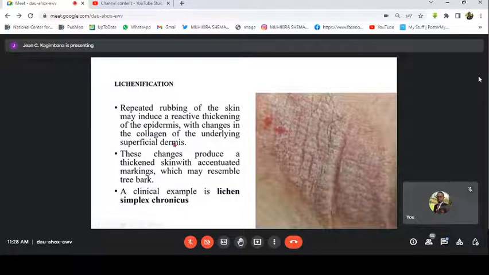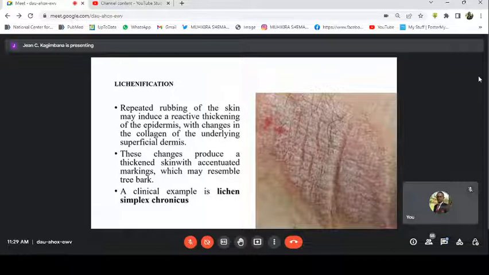Lichenification. Following repeated scratching, the epidermis becomes thick. Then it becomes lichenified. Then you may say lichenified region. Okay? Because the region has been thickened.